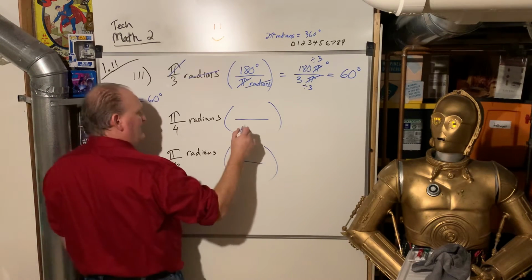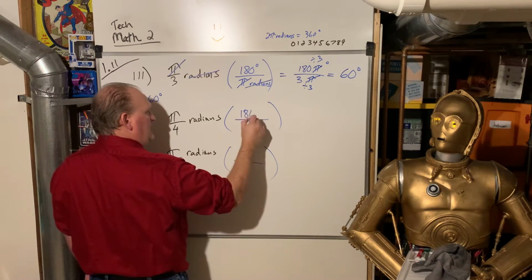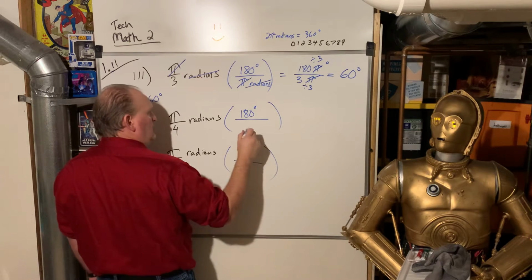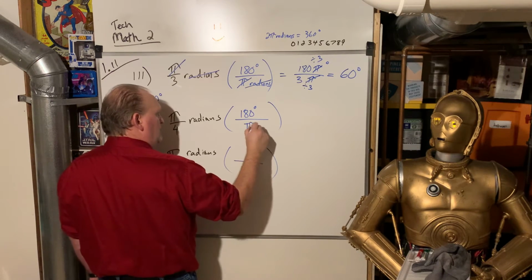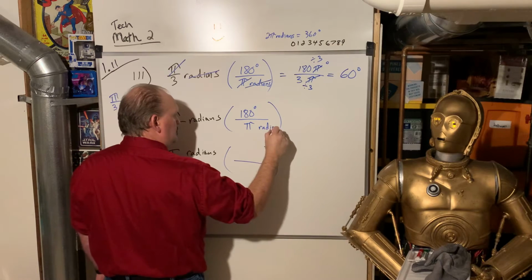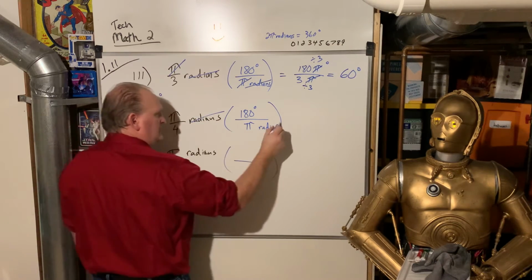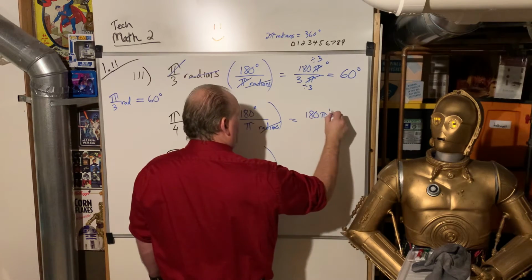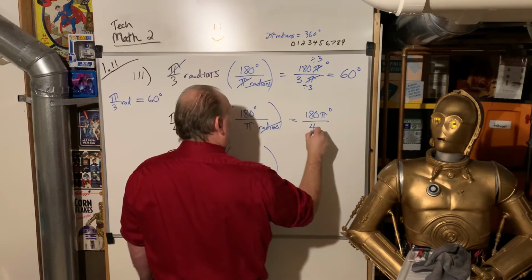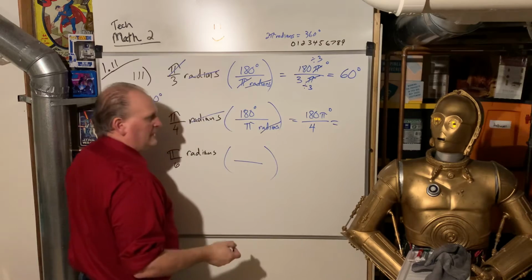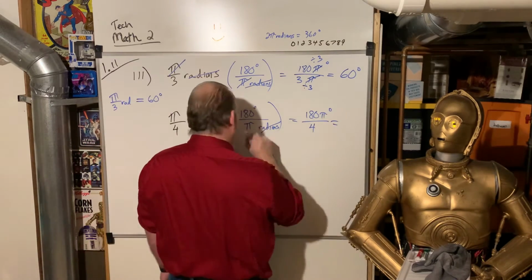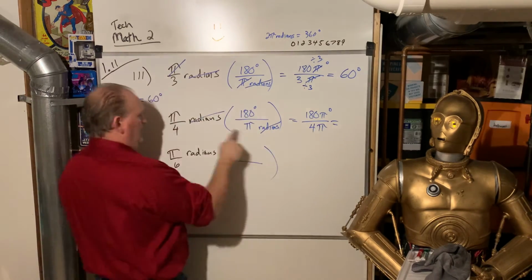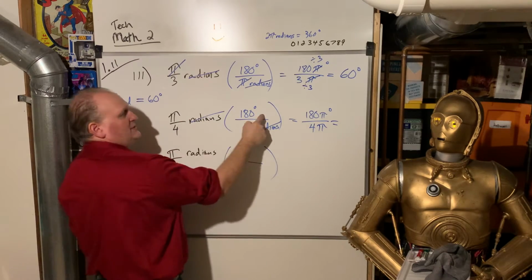So let's see. I've got 180 degrees over pi radians. And again, the radians cancels radians. I got 180 pi degrees over 4 pi, times 4 pi, 180.